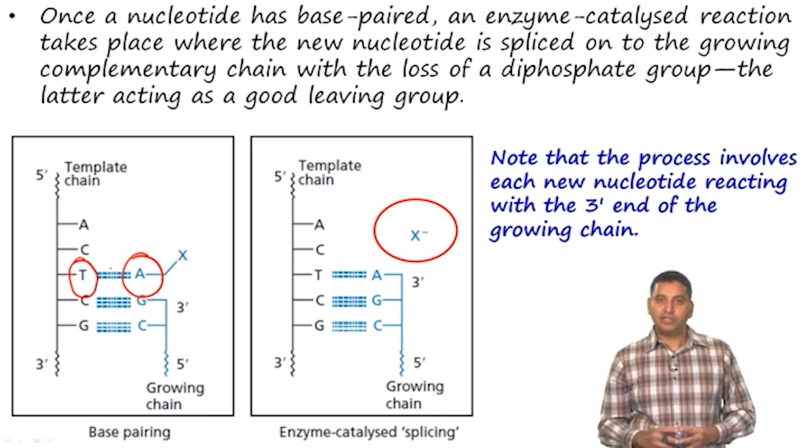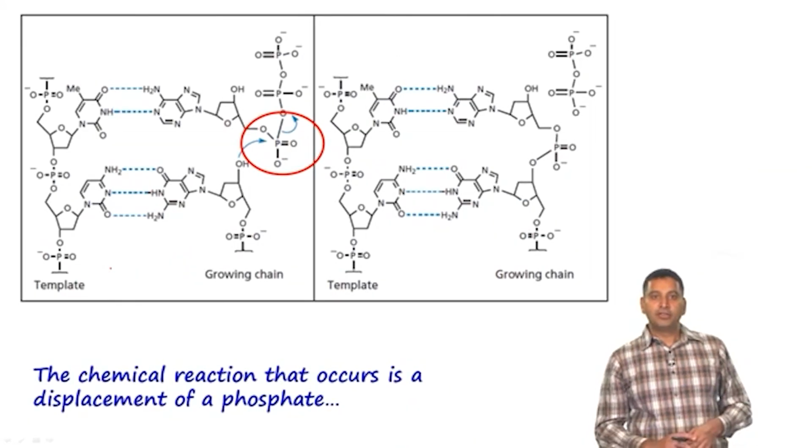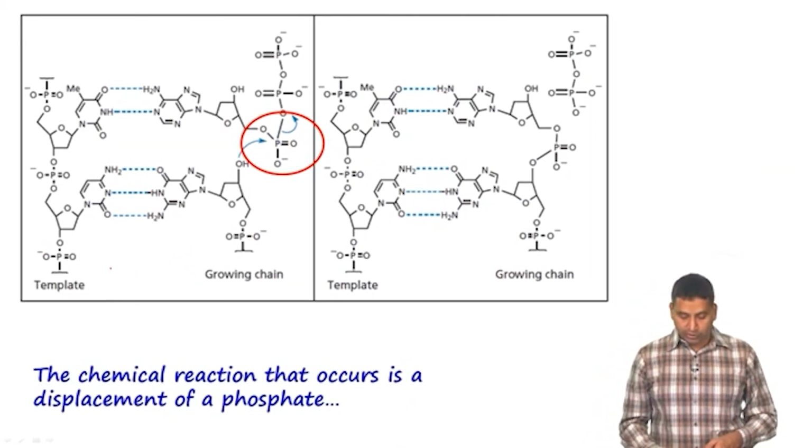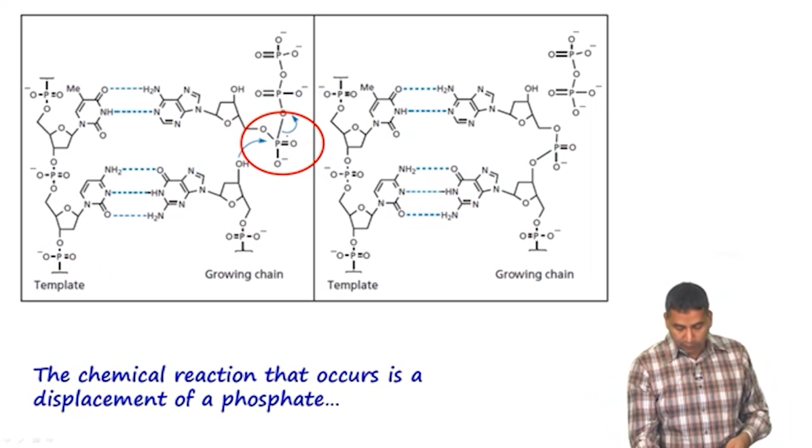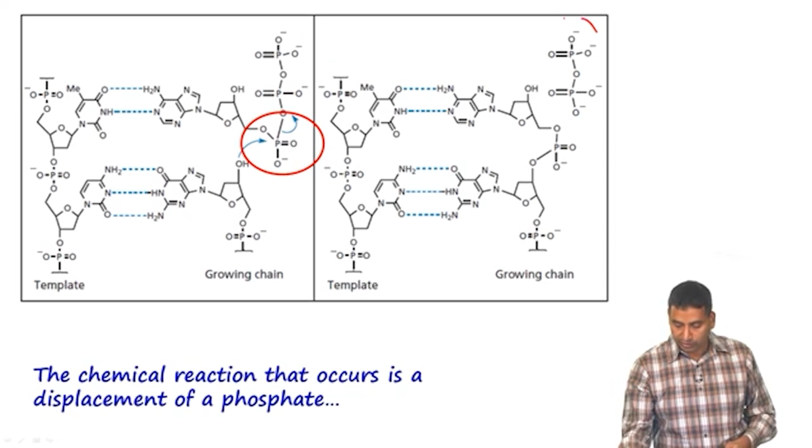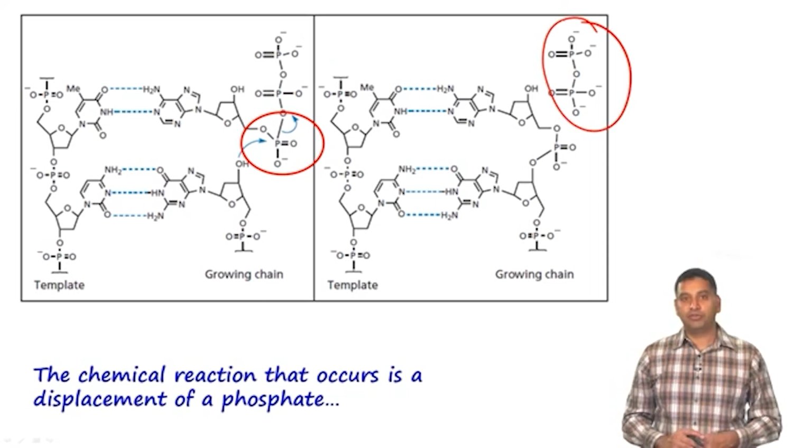This is known as enzyme catalyzed splicing. Okay. So, to see the organic chemistry over here, what happens is that the alcohol in the sugar attacks the phosphodiester and kicks out a bisphosphate and produces a bisphosphate here.